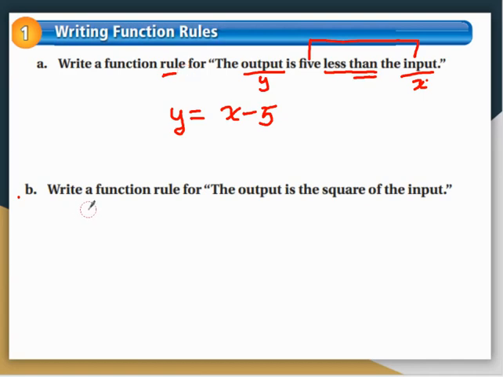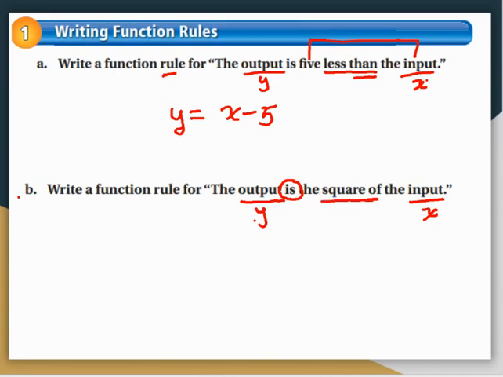B says, write a function rule for: the output, remember that's y, is the square of the input, and that one's x. We also see right here the word is, which means equals. And of we said means times, but in this case it says the square of.